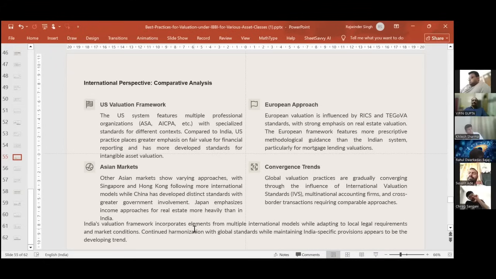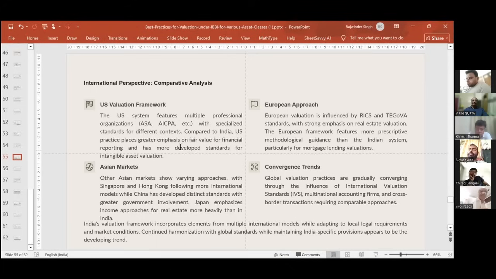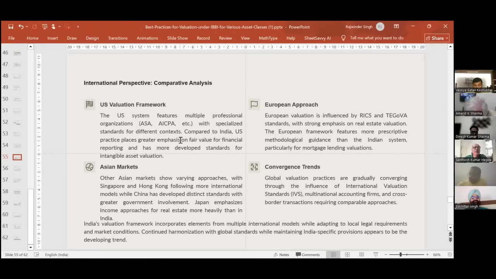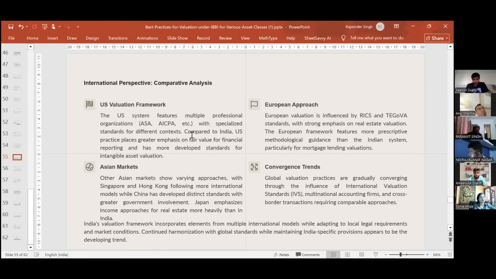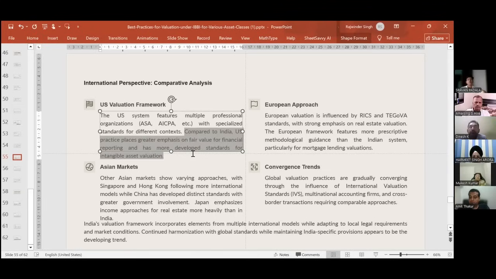As far as the US valuation framework is concerned, they have multiple professional organizations such as ASA, AICPA, etc., with specialized standards for different contexts. Compared to India, US practice places greater emphasis on fair value for financial reporting and has more developed standards for intangible asset valuation. So this is a difference between Indian and US standards.